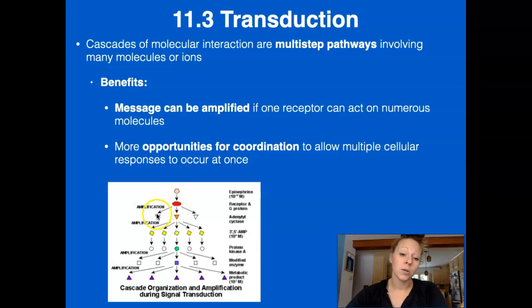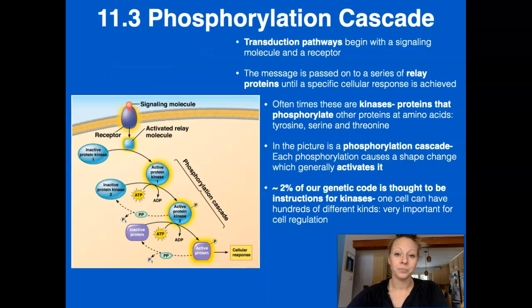And it's going to be able to work on another type of molecule, and that'll trigger another pathway. So these can cause 3 different cellular changes, or 3 different cellular messages, which is going to allow for a larger message to occur. It's going to coordinate the change to happen at the same time. So these cascades allow for messages to be amplified, and they also allow for coordination. Both of these are very important.